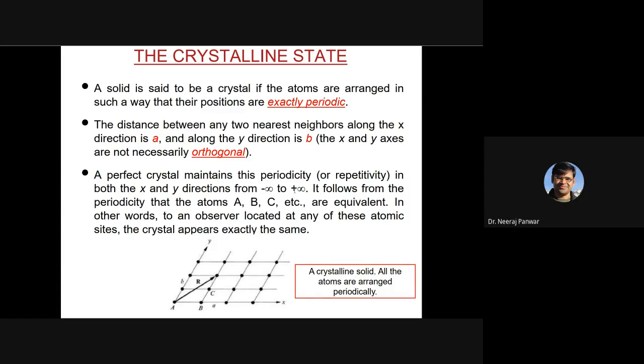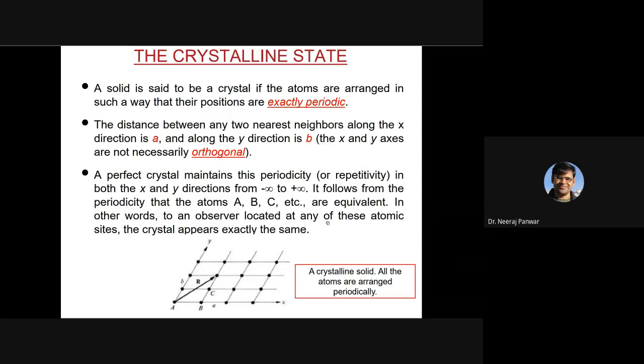So far we are discussing the two-dimensional case; that's why we are considering x and y directions. When we think of a crystalline solid, it is a three-dimensional solid. So this periodic arrangement will extend from minus infinity to plus infinity in x, y, and z directions respectively.